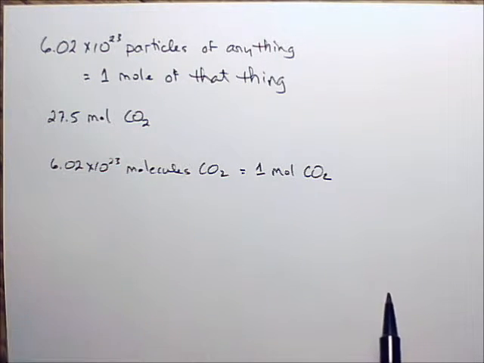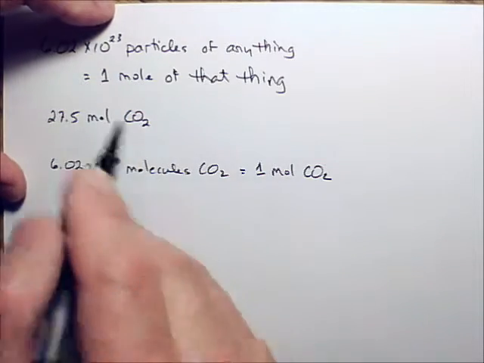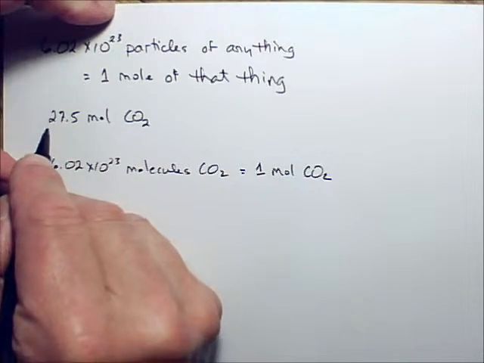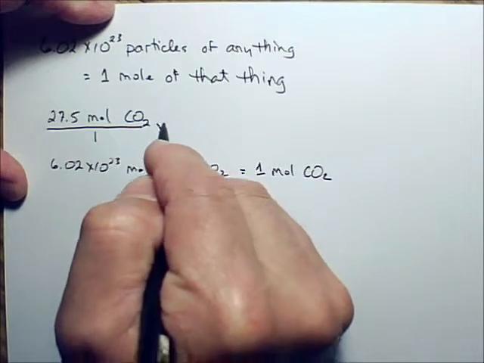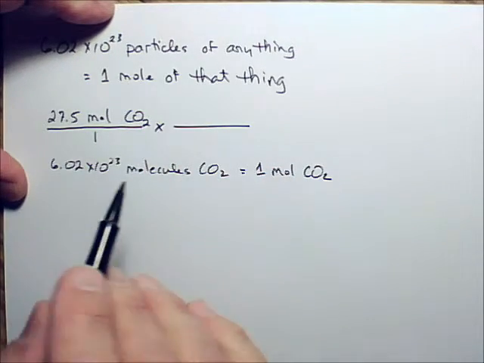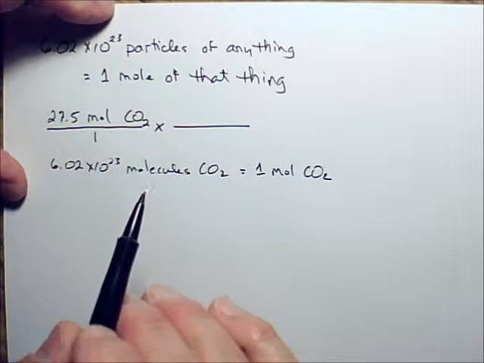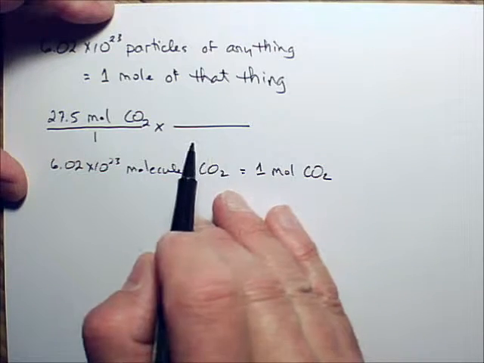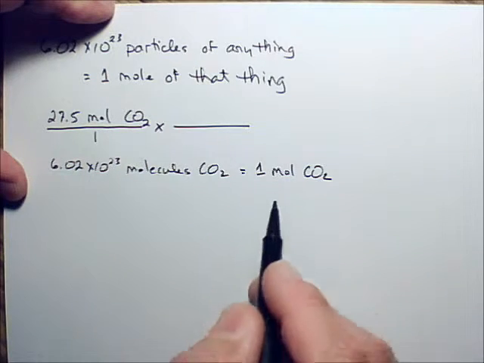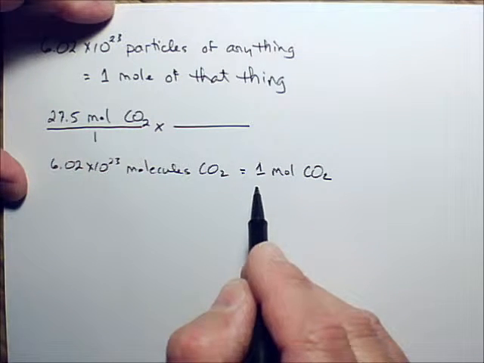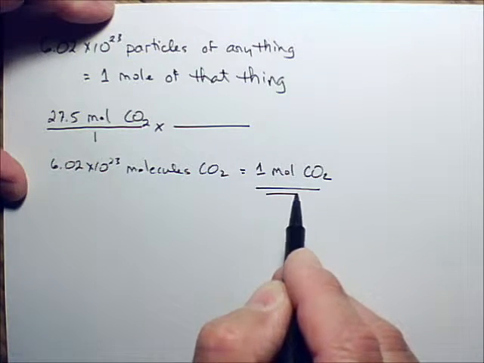Now, using the things you learned in Unit 1, you know that you should be putting your starting amount over 1, and you should build this conversion unit so that we have the same units and species on the bottom here as the starting amount over here. Well, the side of the equality statement with the same units and species is this side right here.